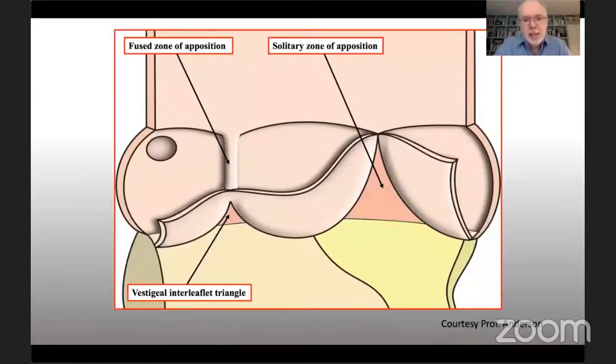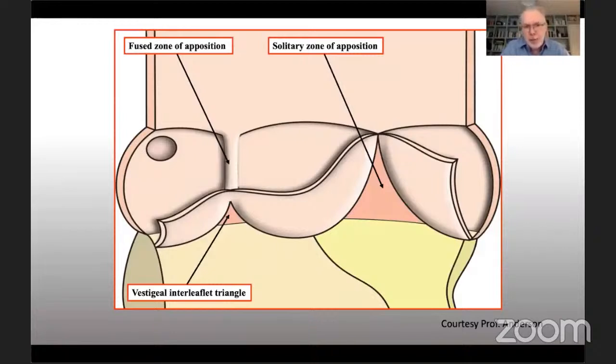You've seen this slide already. This is a diagram of the unicuspid valve, and the normal semilunar attachment has been lost between the 2 fused zones of apposition. There is a raphe. There's a very small vestigial interleaflet triangle, meaning the valve has more of a planar rather than a scalloped appearance.